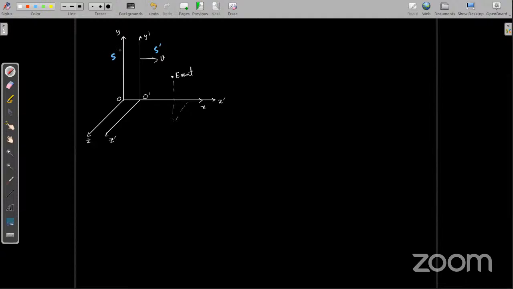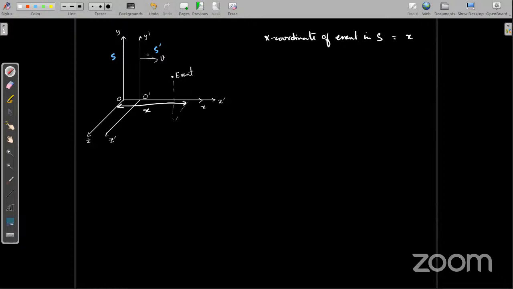First, we'll look at the perspective of someone who's at home, which is the S frame of reference. From the S frame of reference, this event will have an x coordinate, and we'll call it x in S. The x coordinate of the event in S is equal to x, as simple as that.